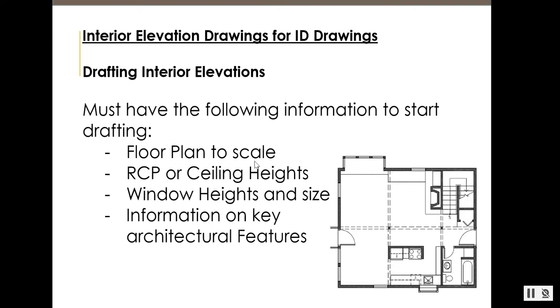So you need to have a floor plan to scale, the RCP. You need to have ceiling heights, very important. If you don't have a RCP, you at least need a ceiling heights. We also need other key information, window heights and sizes, and other key architectural features, such as columns or doors or cabinetry.